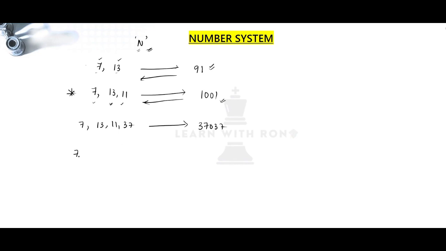Now let's add one more number. When any number is divisible by 7, 13, 11, 37 and 3 also, then that number is completely divisible by 111. Now a small one, if any number is divisible by 3, 7 and 11, then that number is completely divisible by 231.